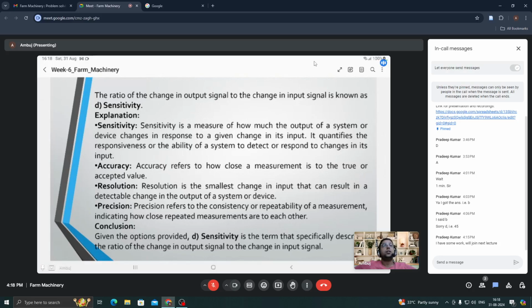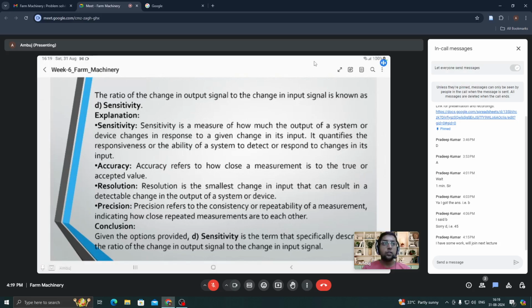Sensitivity is a measure of how much the output of a system or device changes in response to a given change in its input. It quantifies the responsiveness or the ability of a system to detect or respond to changes in the input. Del O over I means: as my input is changing, how much change is there in the output signal? That is the sensitivity.